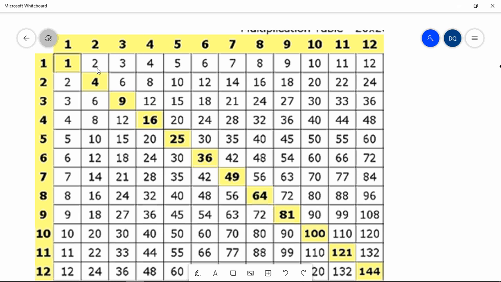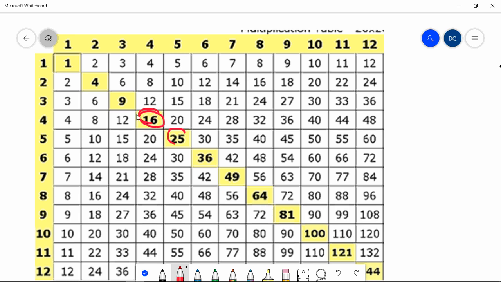And have a look at these diagonal numbers here, the numbers along this diagonal. These are a special case. We call these the squares, and you get them from multiplying the same number by itself. So they're already highlighted. For example, 4 squared is 4 times 4, which is 16.